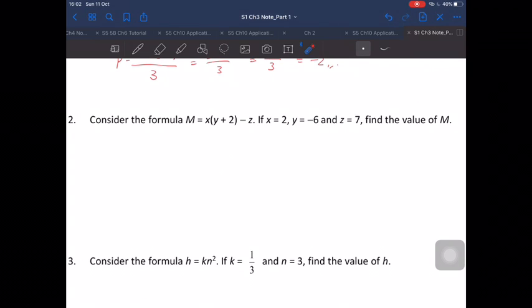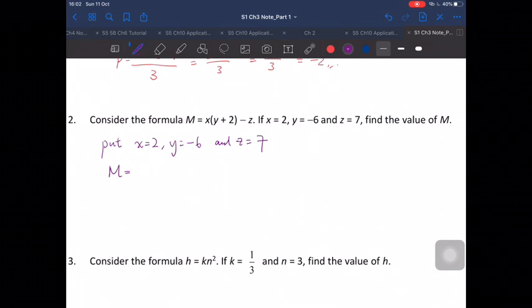You need to find the value of capital letter M. First you have to write down: put x is equal to 2, y is equal to negative 6 and z is equal to 7. When we read this formula, you have to use brackets to represent substitution, right?